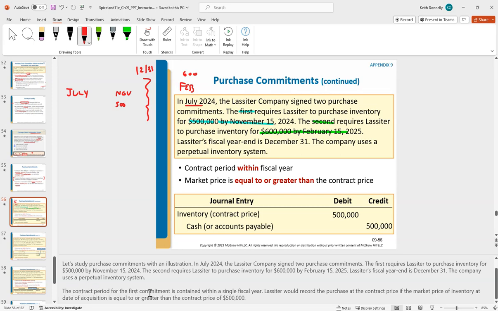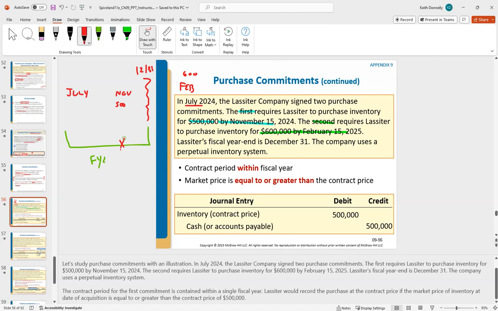The contract period for the first commitment is contained within the fiscal year. That makes sense, right? This is within our fiscal year end. It says Lasseter would record the purchase at the contract price if the market price of inventory at the date of acquisition is equal to or greater than the contract price of 500,000.